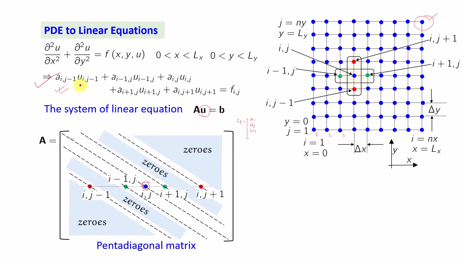In this equation, every equation contains all the unknowns. So you remember our system of linear equations: a11 x1 plus a12 x2, etc., up to a1n xn, let's say, one equation is equal to b1. So every equation contains all the unknowns. Here also every equation contains all the unknowns.